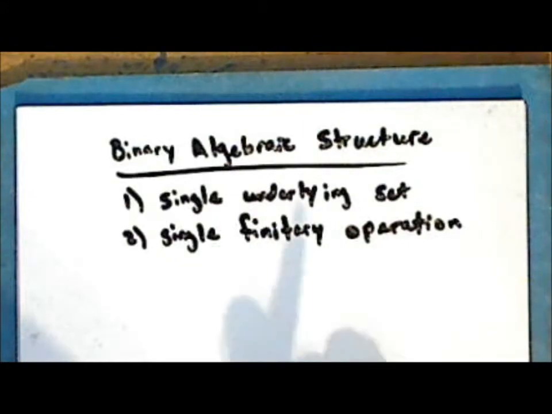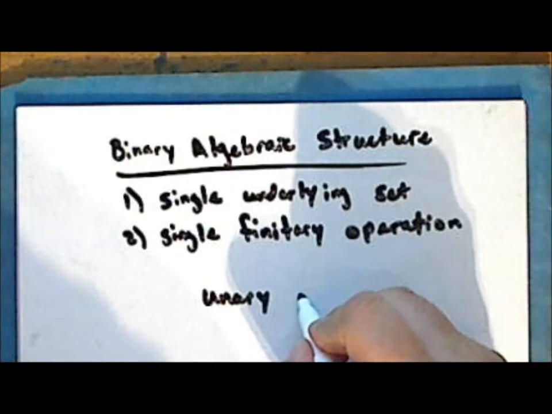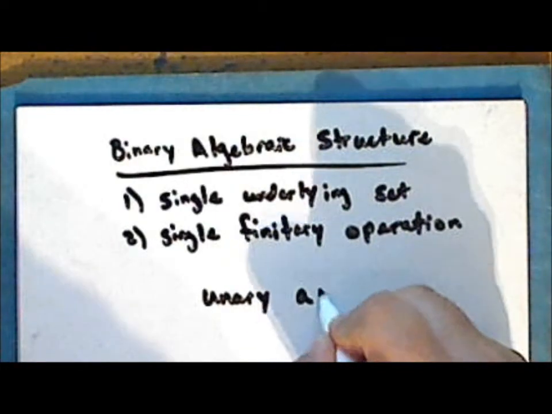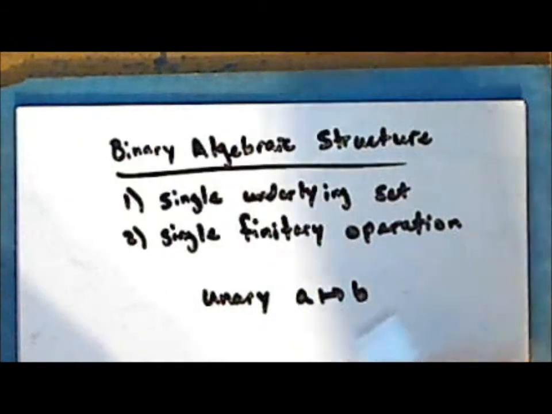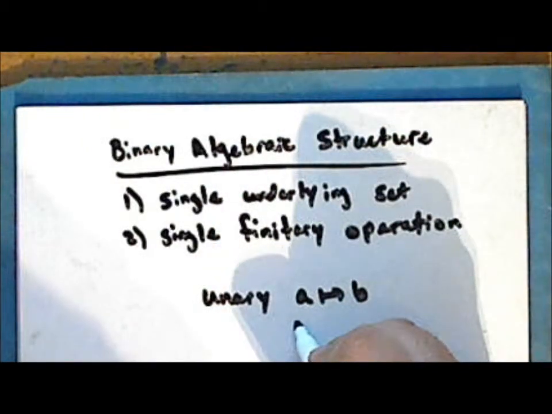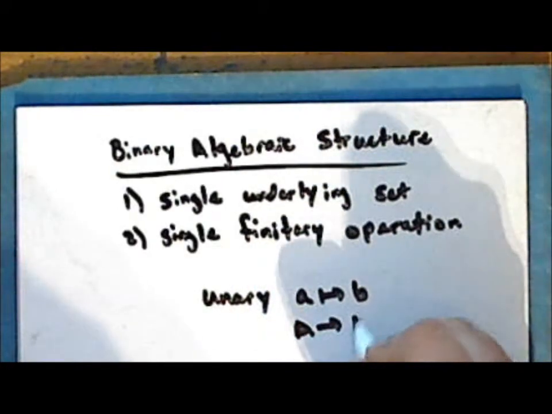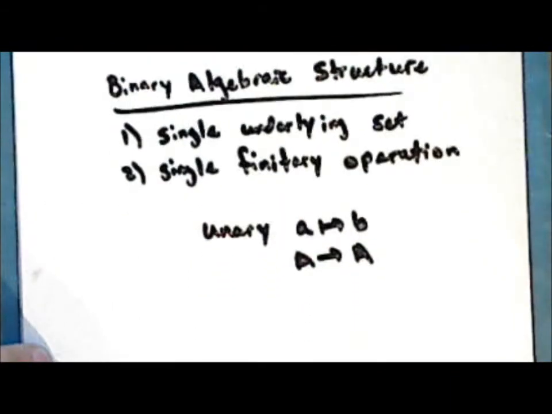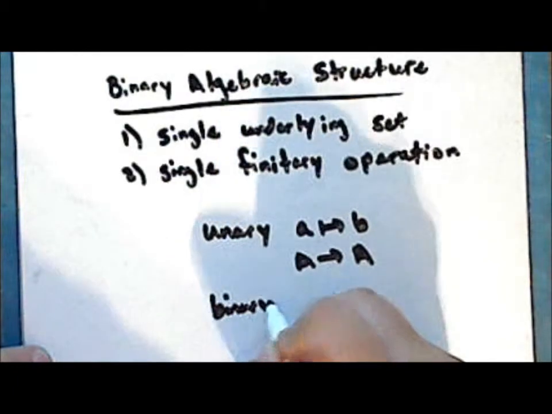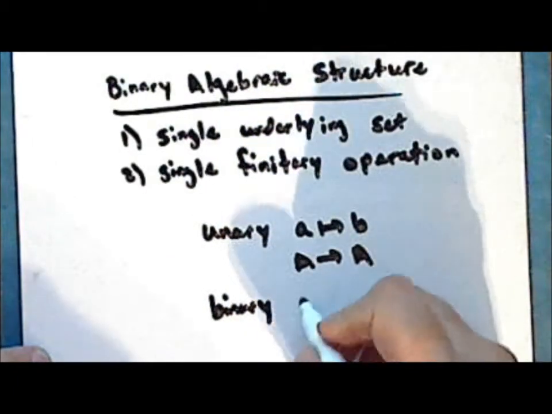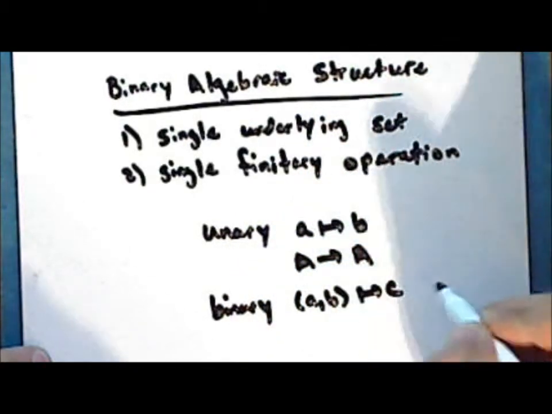The most common types are unary operations, in which a single element is mapped to a single element in the set. That is, the set A, for instance, is mapped into the set A. Another type is called binary operation, in which an ordered pair of elements is mapped into a single element.